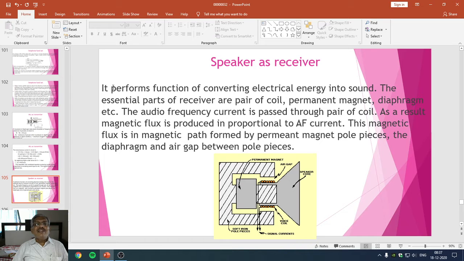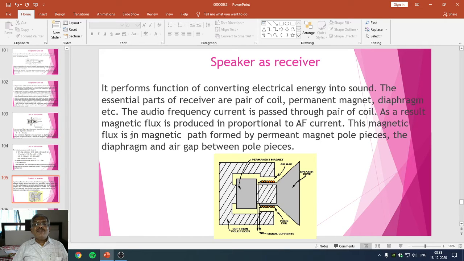Let us see its details. The speaker performs the function of converting electrical energy into sound. The essential parts of the receiver, that is the speaker, are a pair of coils, represented here, the permanent magnet, the diaphragm, the cone, etc. The audio frequency current is passed through the pair of coils, and as a result, magnetic flux is produced proportional to the audio frequency current.